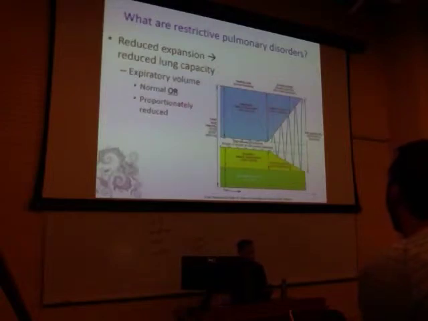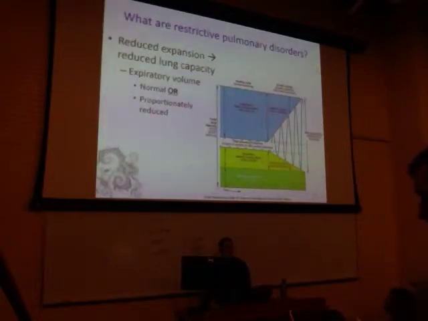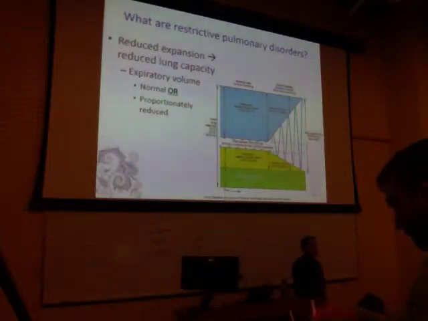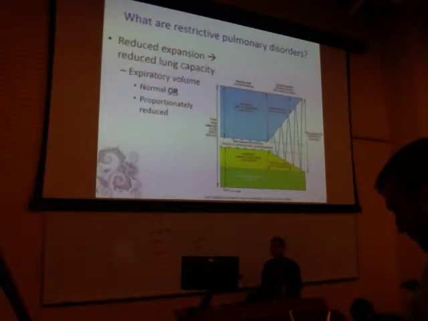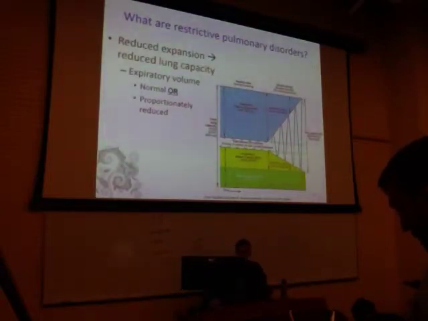A lot of chest wall disorders are going to cause restrictive types of diseases. Some chest wall disorders would be things like pleural diseases, or even obesity. And then one that we're going to look at more actively is what we call acute respiratory distress syndrome.